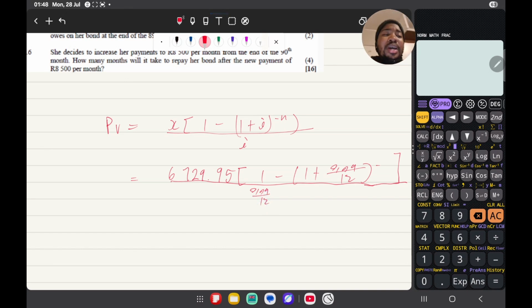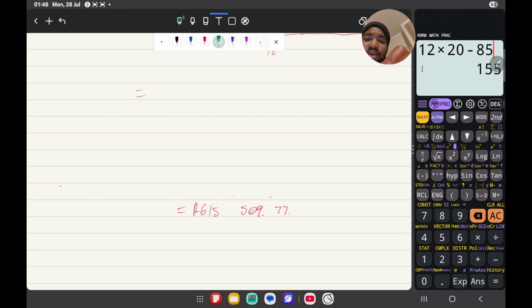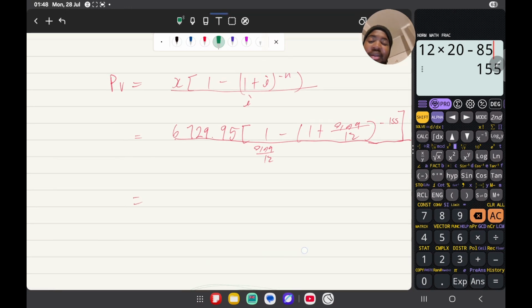Cool. So the question that was asked is, how much money do I have remaining? Remember, I have made 85 payments so far, and the loan is for 20 years, so I can say minus 85, and that's how much will be remaining. So this formula must give me this value right here. Yeah, it has to.